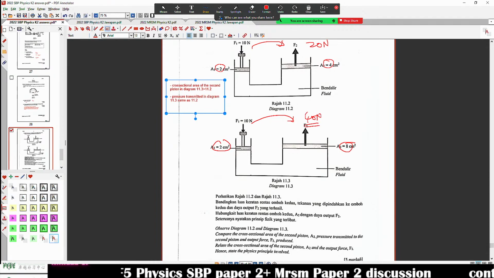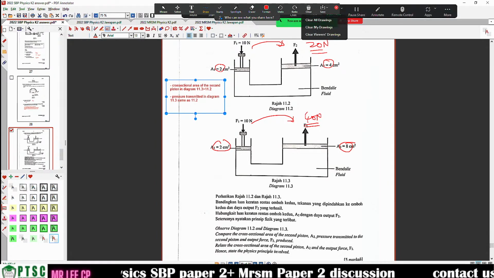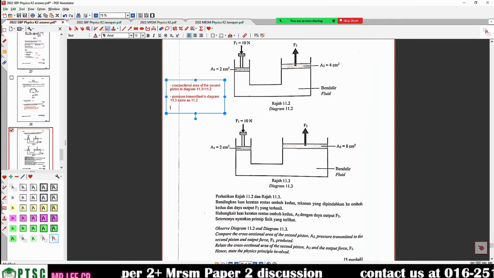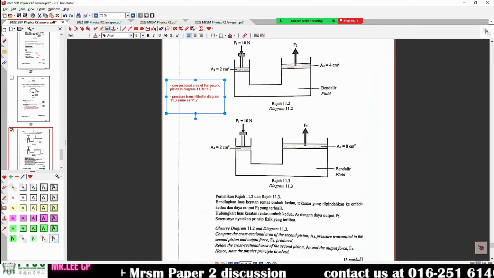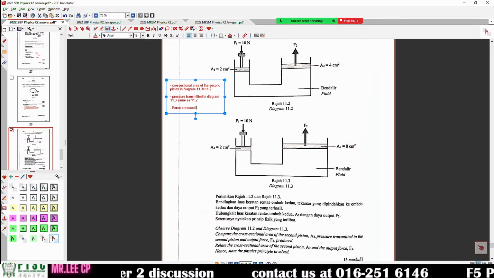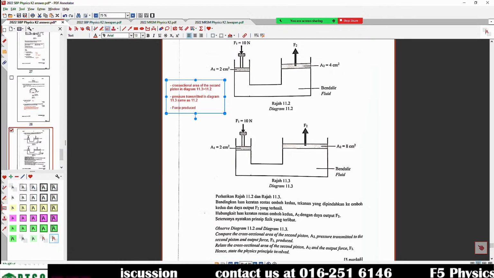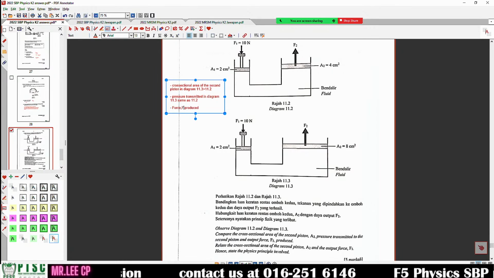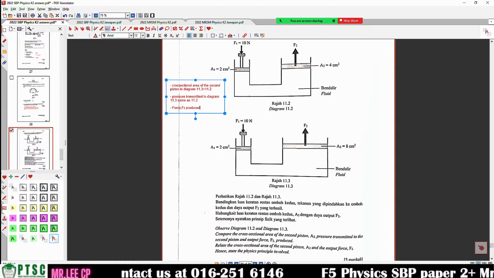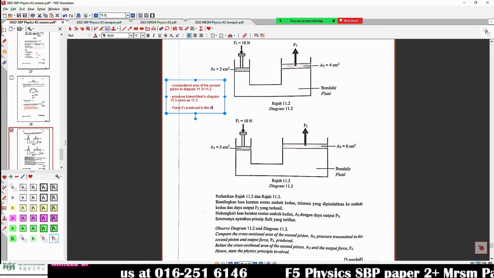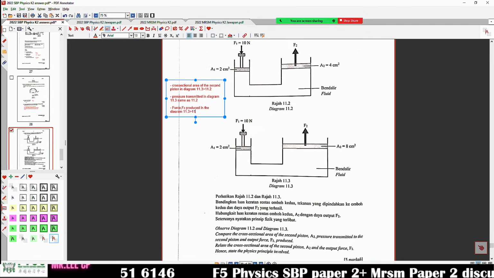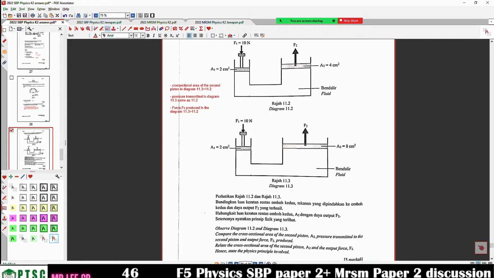The output force F2 here is bigger than the force F1 here. So the force F2 produced in diagram 11.3 is bigger than in 11.2.